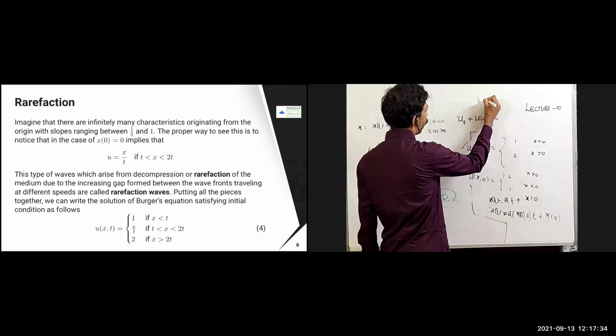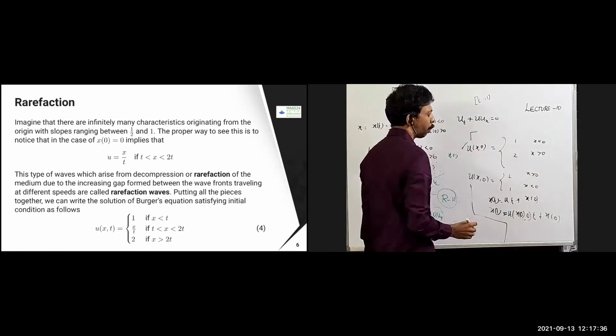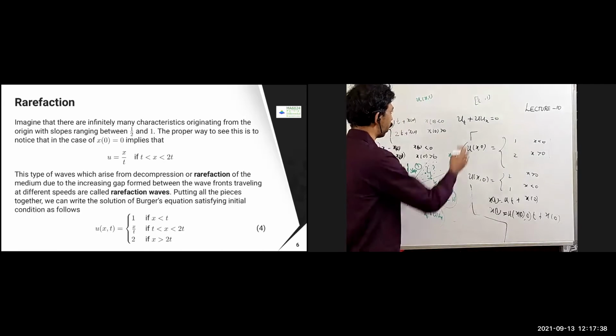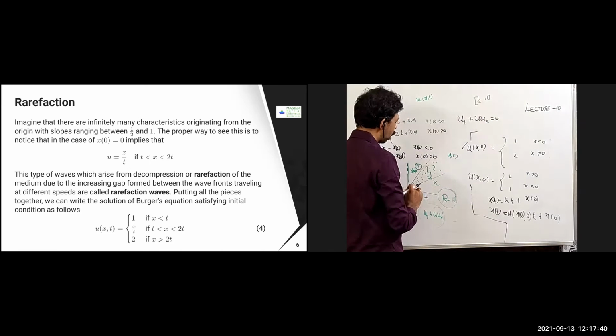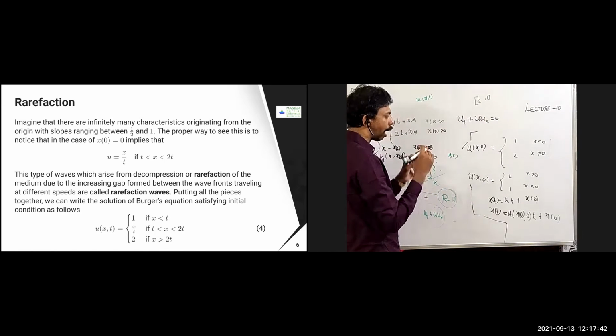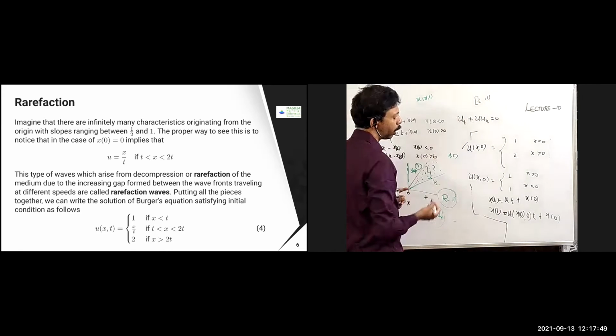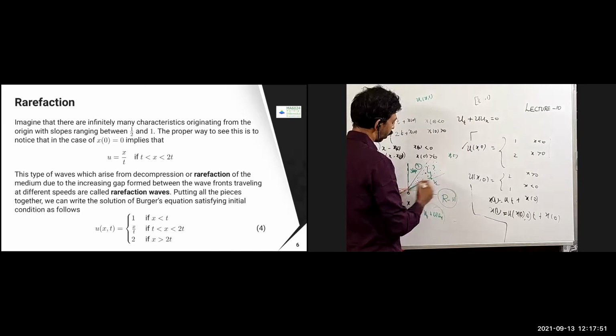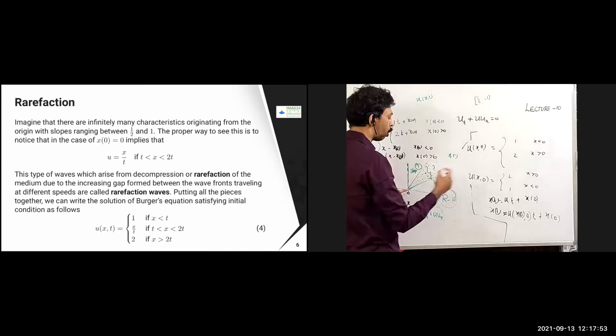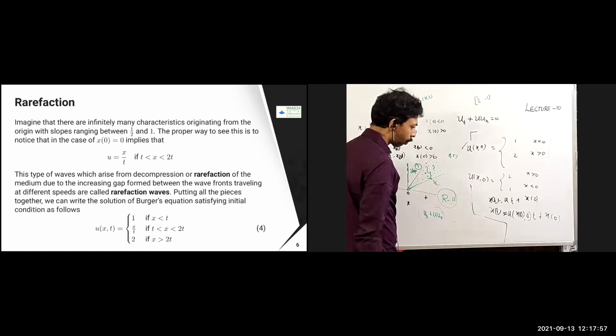In this interval between half and 1, how many points are there? Uncountably many points. So I can use my imagination: suppose I want to fill this gap, I can take any straight line whose slope is between half and 1.